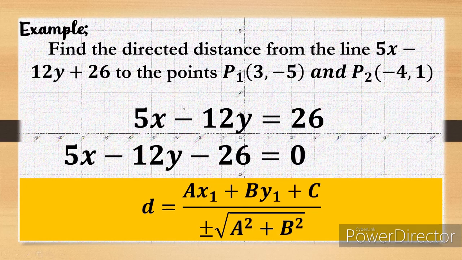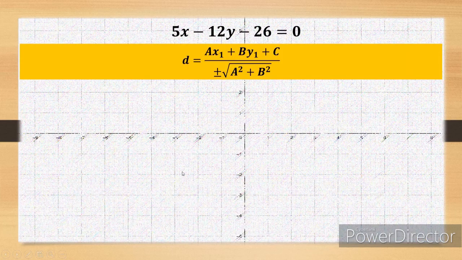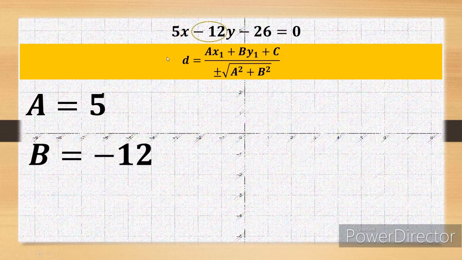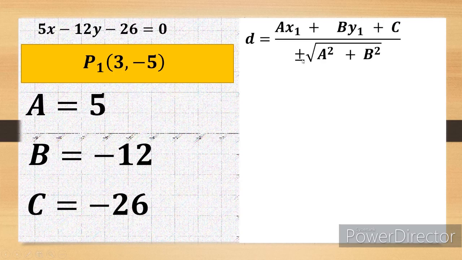So, again, we will be using this formula to find the distance of the two given points from this line. Okay, first, let us find the values of a, b, and c. So, in this equation, a is 5, b is negative 12, and our c is negative 26. Okay, we will be using again this formula in finding the distance of this point to this line.